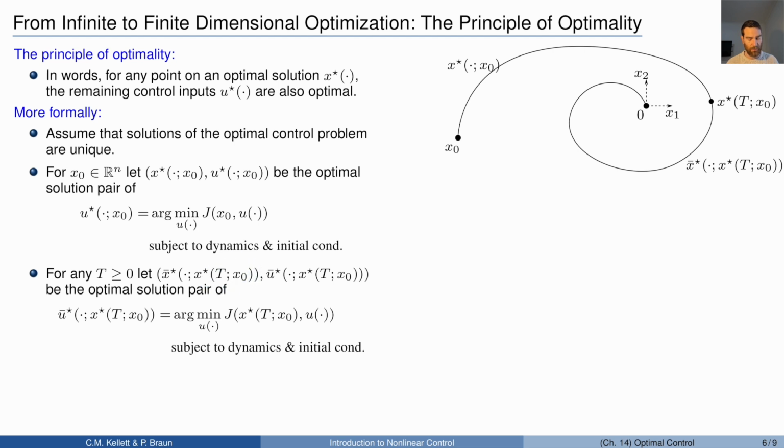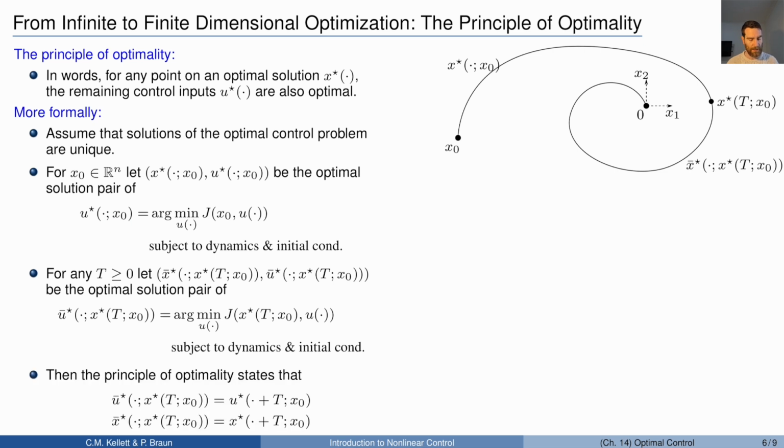So now it's the optimal solution at time T, and then look at the corresponding optimal control problem and solve now the optimal control problem with respect to that new initial condition. Then what we get is that the solutions coincide, meaning changing the initial condition here is equivalent to changing the time argument and shifting the time argument correspondingly with respect to the input as well as the solution.